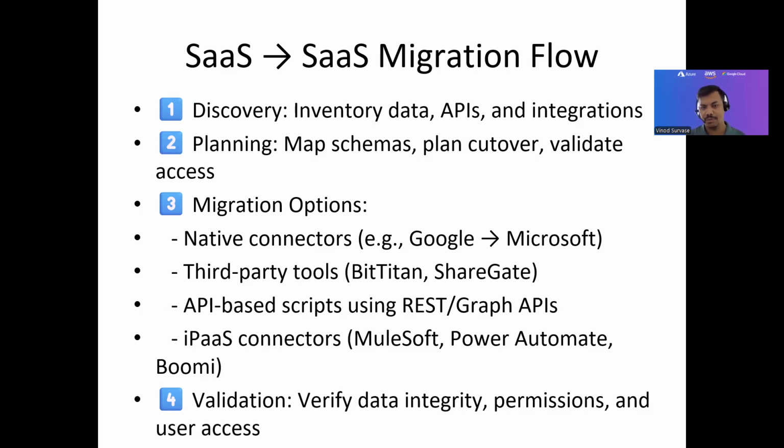And the third is API-based scripts using REST or Graph APIs. That's also possible and available. And integration platform or iPaaS connectors, again with third-party tools, including MuleSoft, Power Automate, or Boomi, right? So these are the different options and ways that can be leveraged for SaaS to SaaS based migration, right?